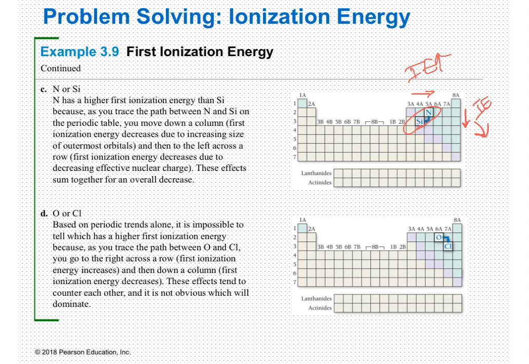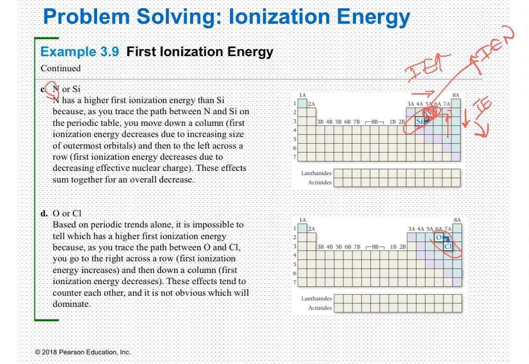But the nice thing about that is both of these trends suggest that the ionization energy for nitrogen should be higher. It should be higher because it's farther to the right. It should also be higher because it's farther up. So those favor that nitrogen in fact has a higher ionization energy.